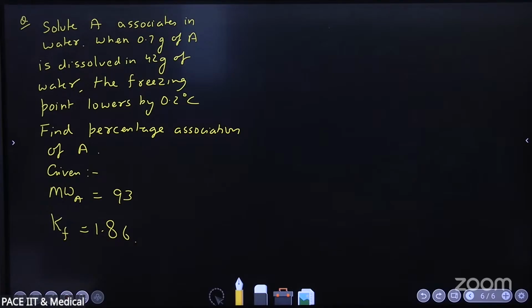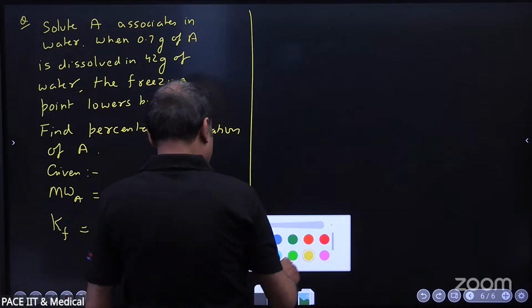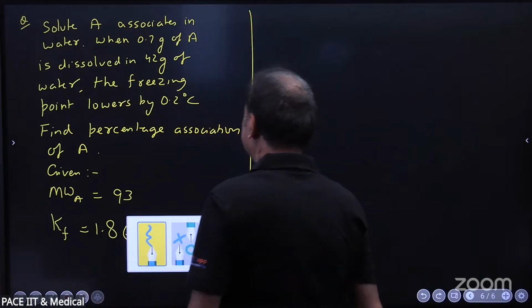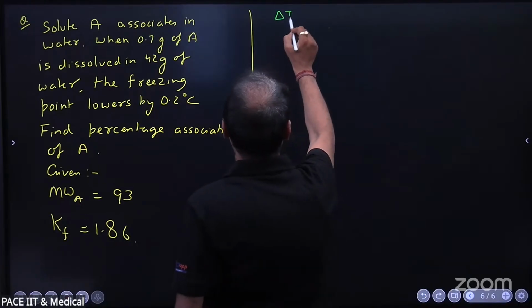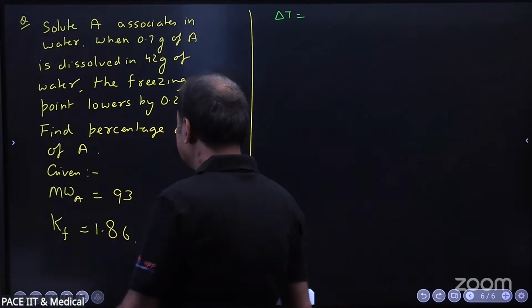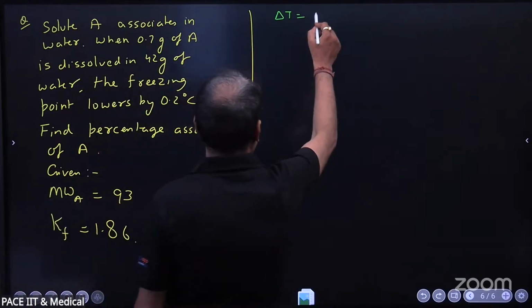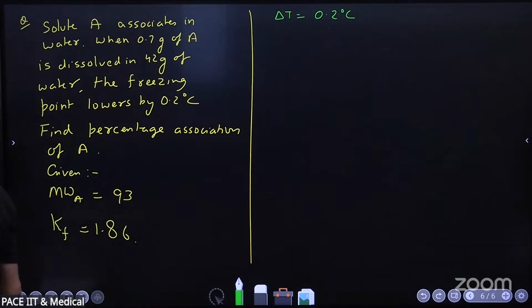Okay, let's discuss this problem. Let's see the data given to us. Delta T is given to us, 0.2 degrees centigrade. Kf is given to us.